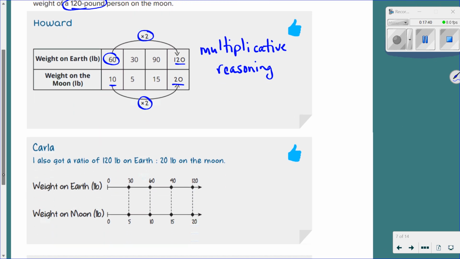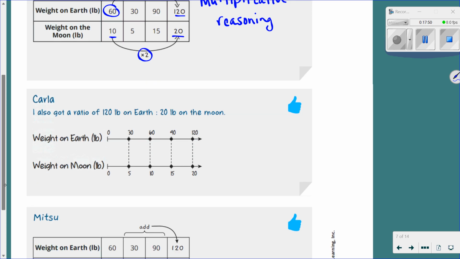Carla, who can tell me what format Carla used? What do you think, Zach? Double number line. So she took the table and turned it into a double number line and said, well, okay, if I need to get to 120, on this side, I'm going up by 30 each time. So I set up my double number line, made sure I did my interval the same across the top, but my interval on the bottom is different, right?